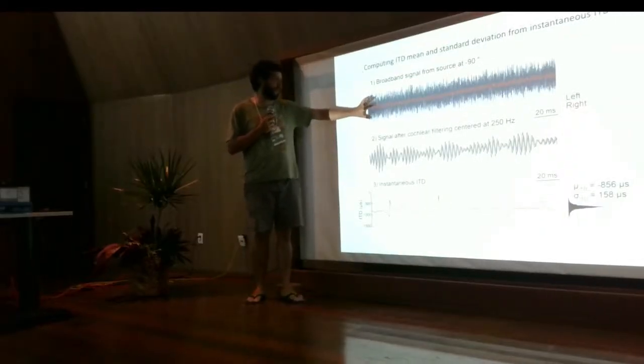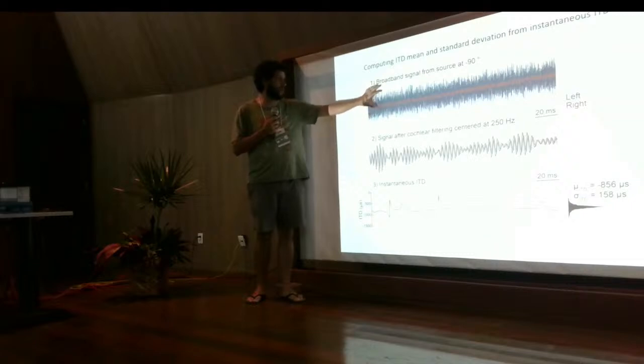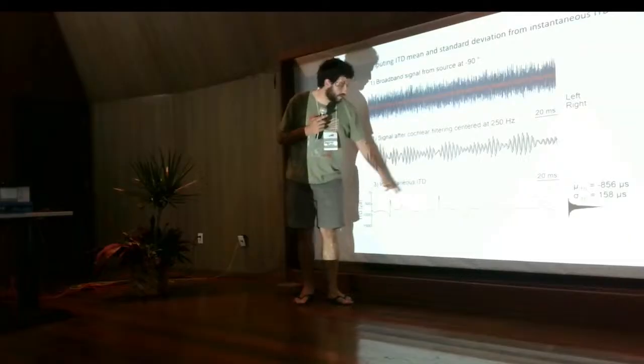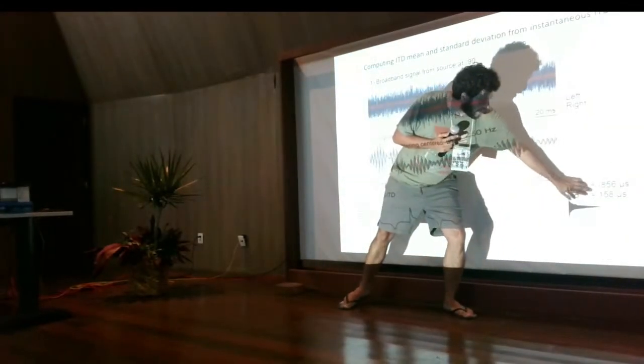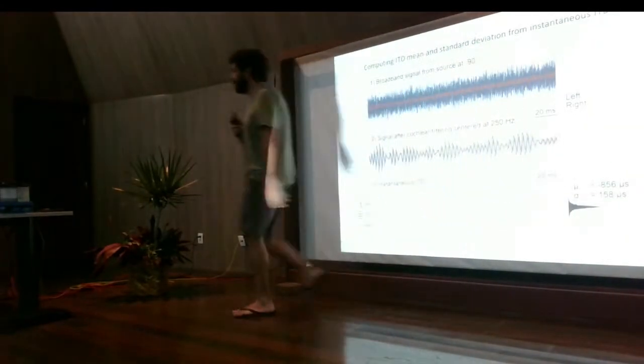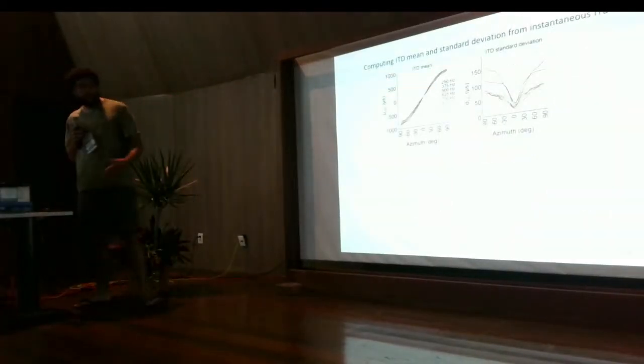So this is the basics of how we are computing the ITDs, right? We take a signal coming from a location, filter it with the cochlear filters, compute the instantaneous ITD, and extract a mean and a standard deviation of those.